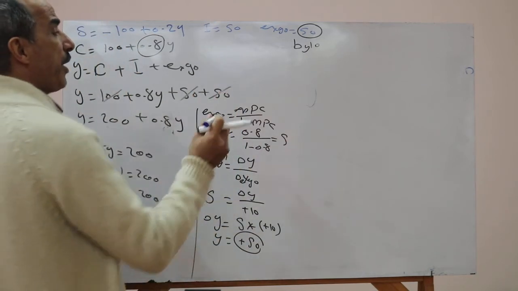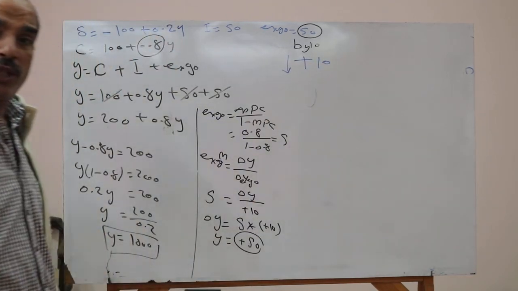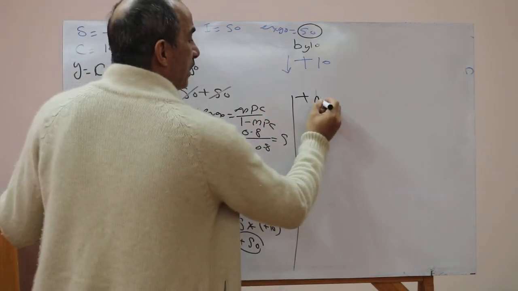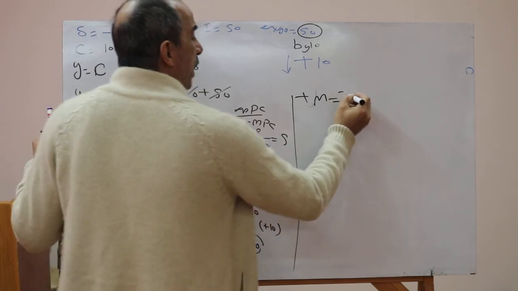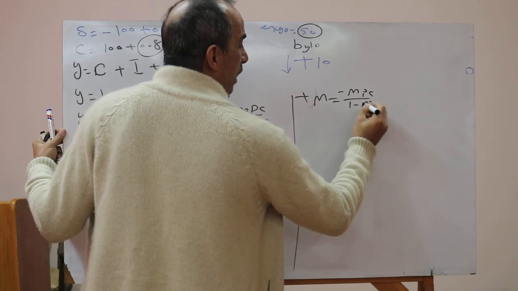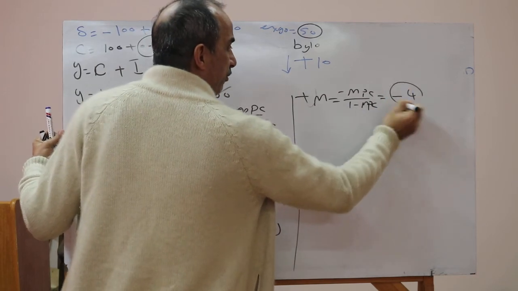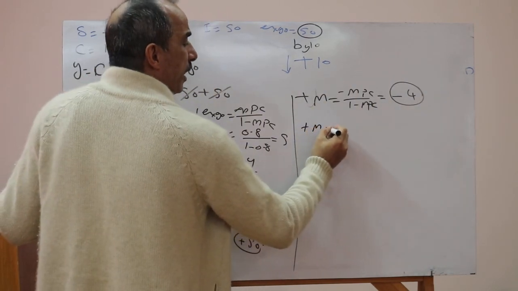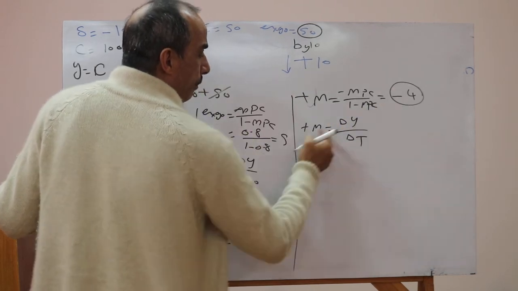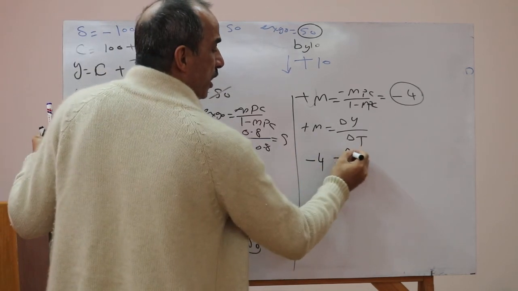Once we now decrease taxes by $10 million, what is the effect on income? Taxes multiplier equal minus MPC out of 1 minus MPC, which must be negative. Tax multiplier equal change in income out of change in taxes, equal minus 4.